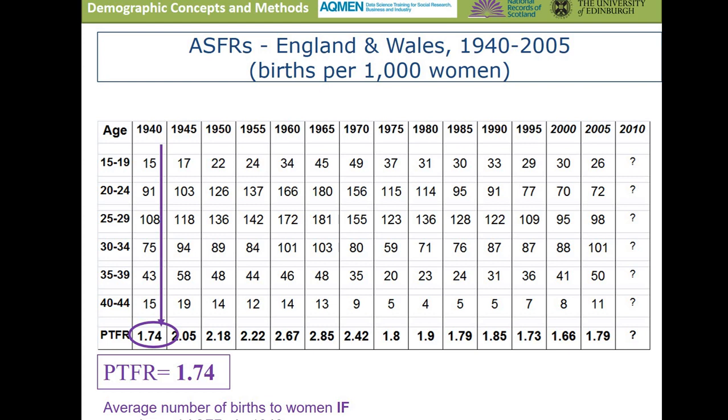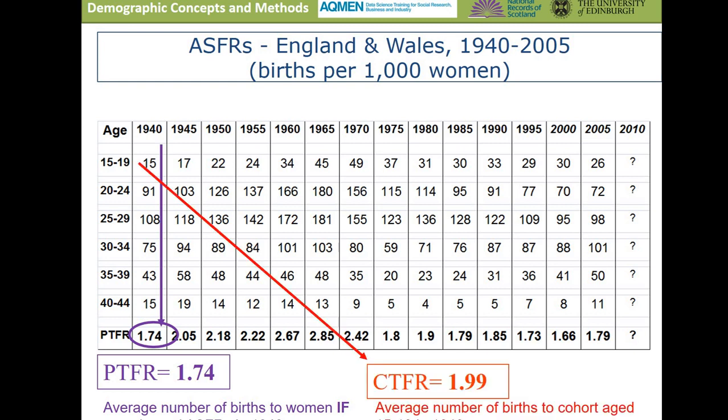For the cohort measure, we need to sum diagonally along the table. So if we were interested in the cohort total fertility rate for the cohort who were 15 to 19 in 1940, we would follow that cohort over time and sum the age-specific fertility rates as they age. So in 1940, the fertility rate for the 15 to 19 group was 15.